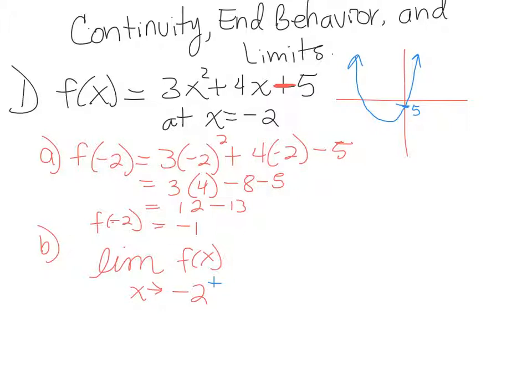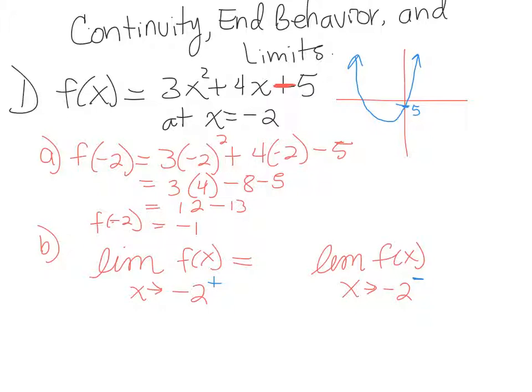The right, so it's a plus. I need to know what happens as I come to -2 from the right, and also the limit of the function as x approaches -2 with a minus, meaning from the left.